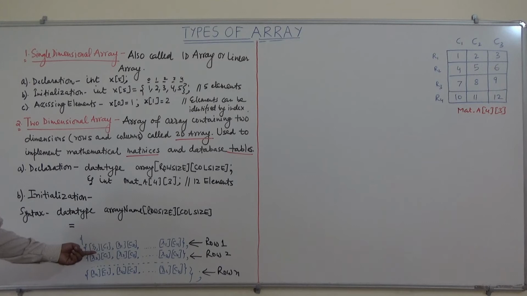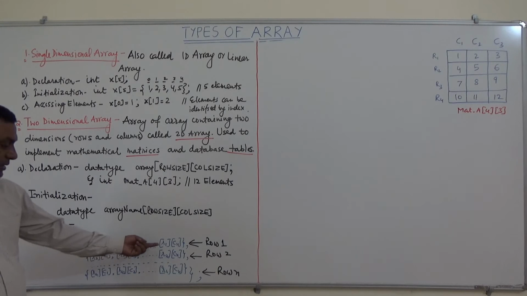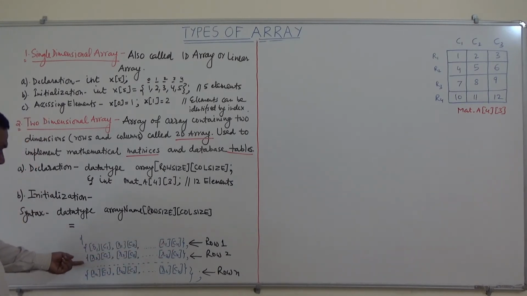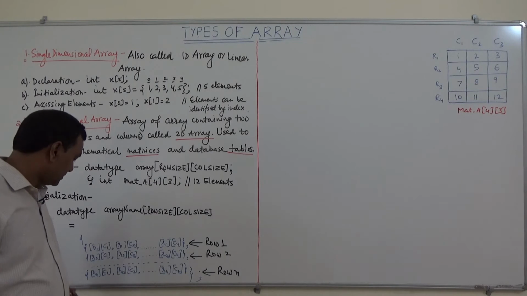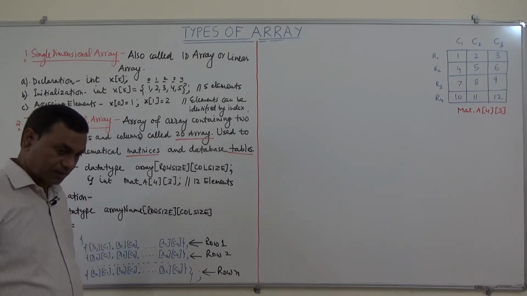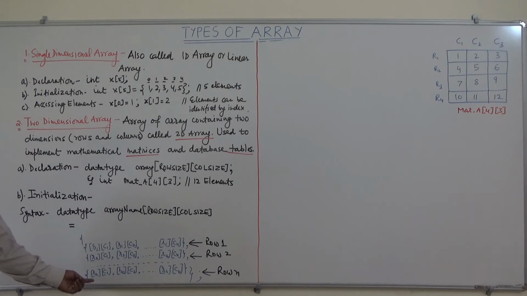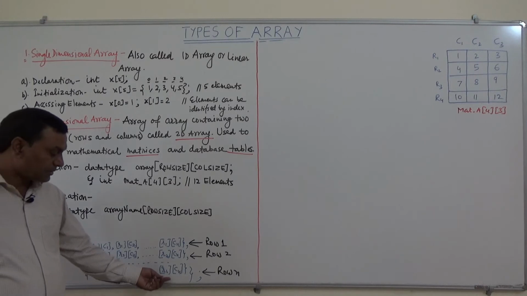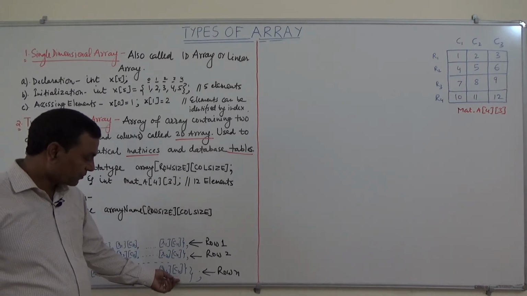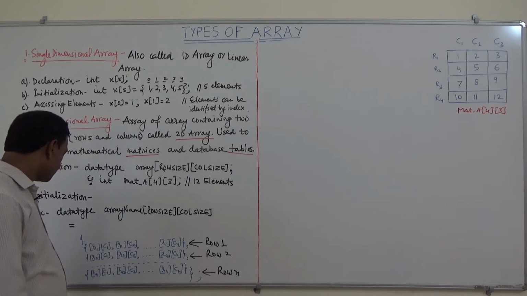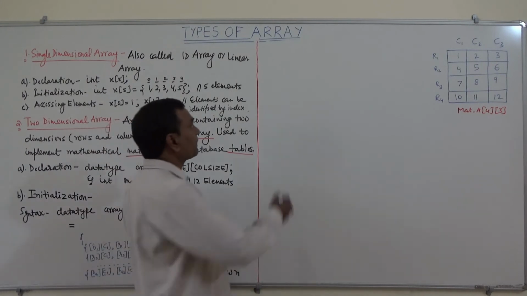So this will be the first element: R1 C1, R1 C2 and then R1 Cn, and these are the elements of the second row: R2 C1, R2 C2 and so on, R2 Cn, and these are the elements of row n: Rn C1, Rn C2, Rn Cn and so on. So this is the initialization. Now we will see the example.